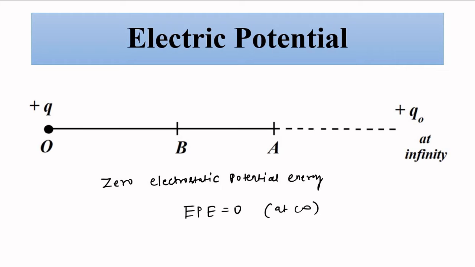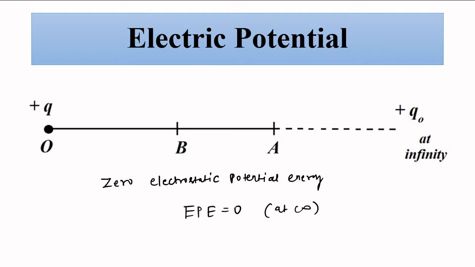Now as this test charge is moved from this far away distance, from infinity, towards this plus q charge at a uniform velocity, there will be some work which has to be done. Both the source charge and the test charge are positive, so the source charge will exert a Coulombic force of repulsion on the test charge.